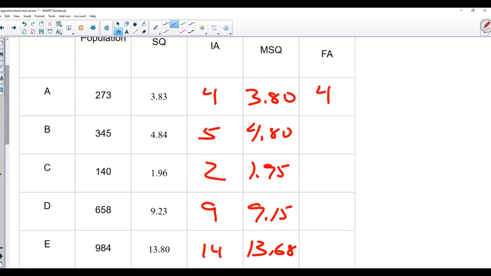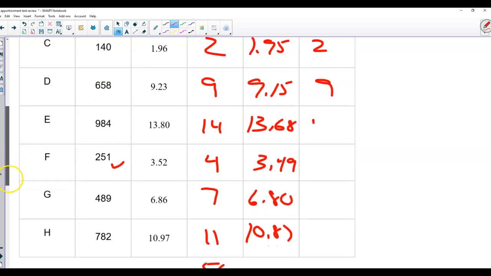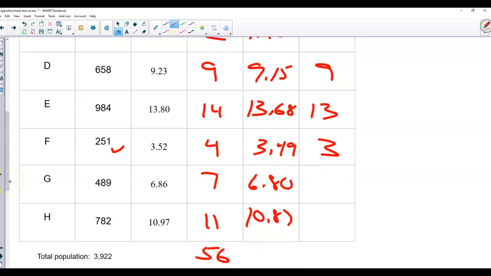We get 4, 5, 2, 9, 13, 3, 7, and 11. And we get 55.